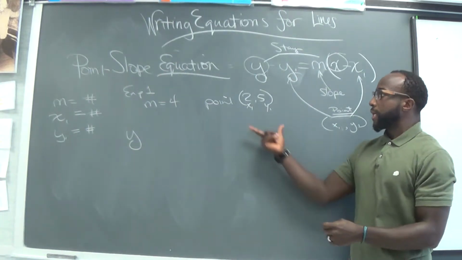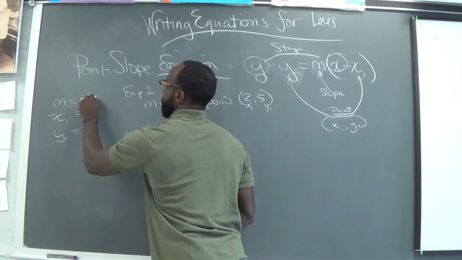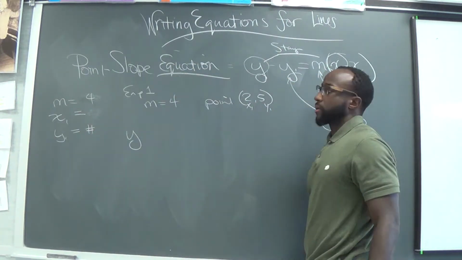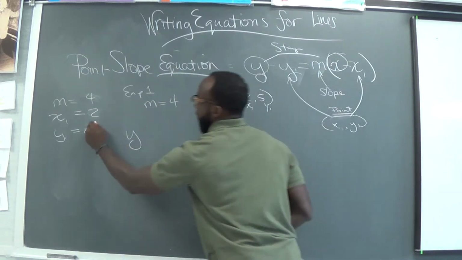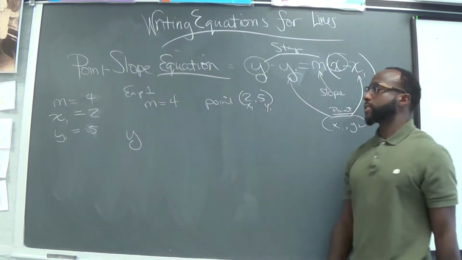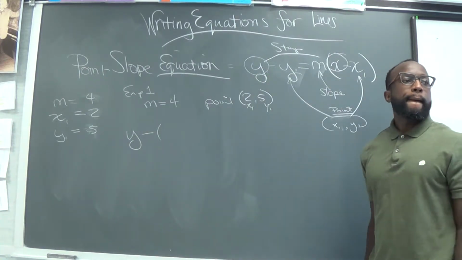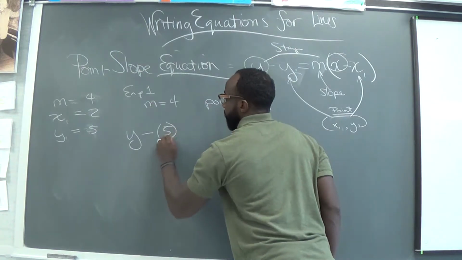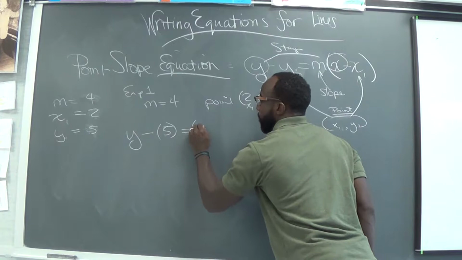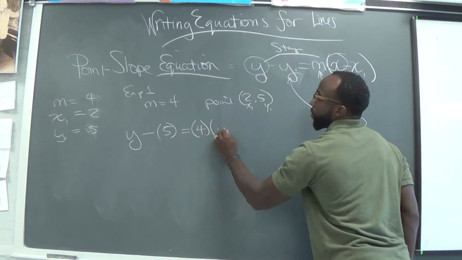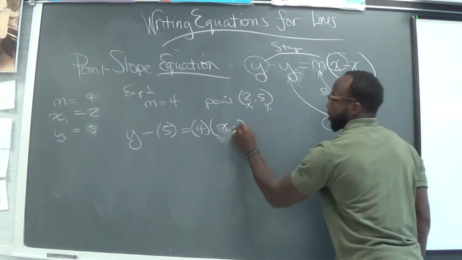Now what we're going to do is substitute these values in. So we got an m. m is 4. What's x1? 2. What's y1? 5. We're going to put these into this equation. So it's going to be y minus, what's y1? 5 equals m, which is 4, times the quantity of x minus what? x1, 2.